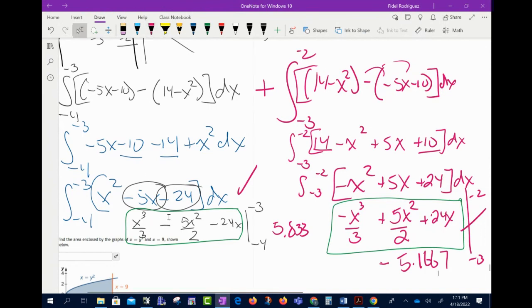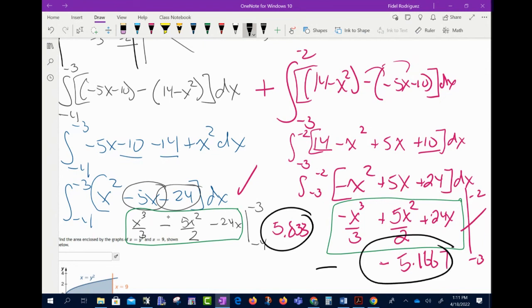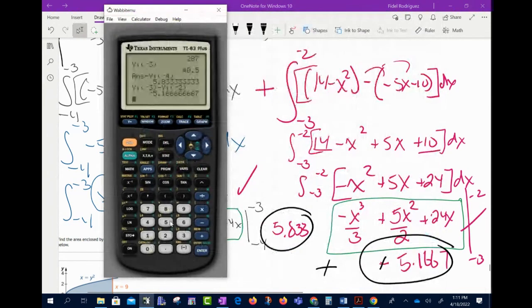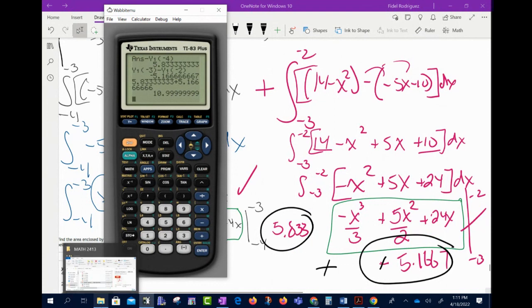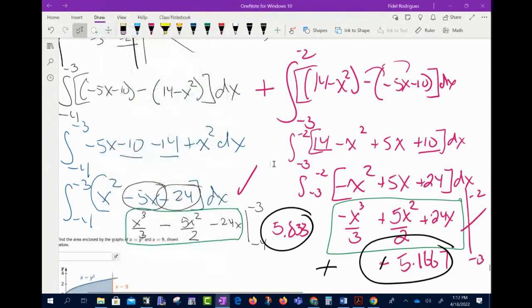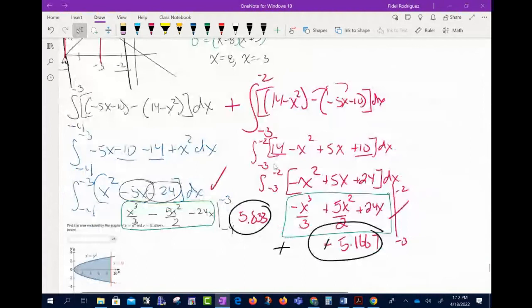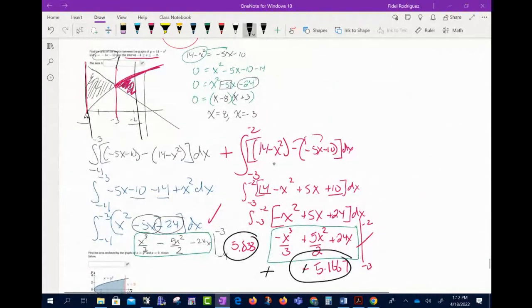And now what I need to do is subtract these two numbers. This guy here minus that guy there. But look, minus and minus become positive, don't they? So now, if I do 5.8 with a ton of threes, and I add 5.1 with a ton of sixes, what do we come up with? 11. Okay. And there's my answer. The area between the two curves is 11.